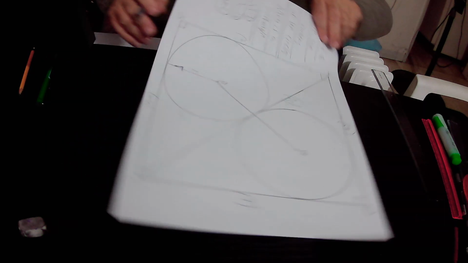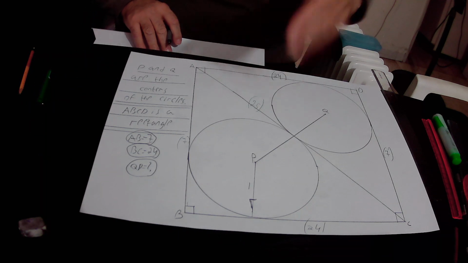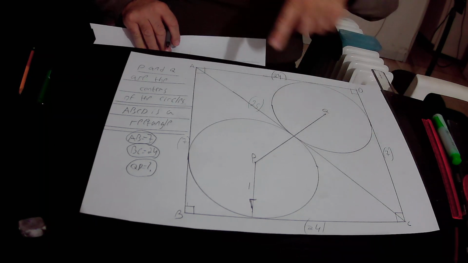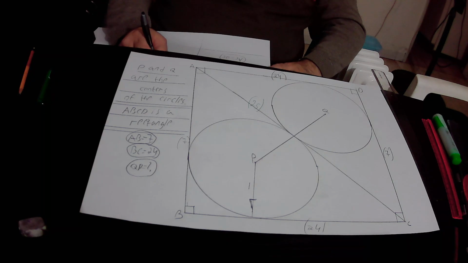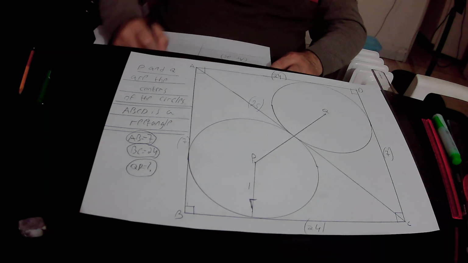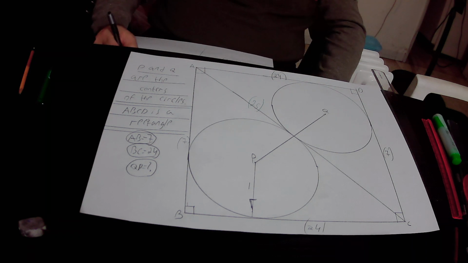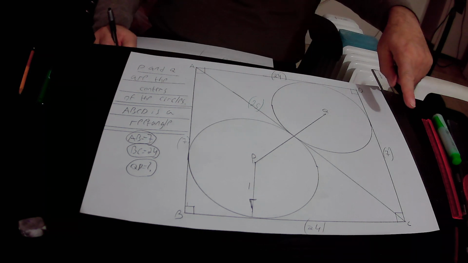So according to the new formula, the radius R of this circle that is blocked by the right triangle ABC must be equal to AB plus BC minus AC over 2.